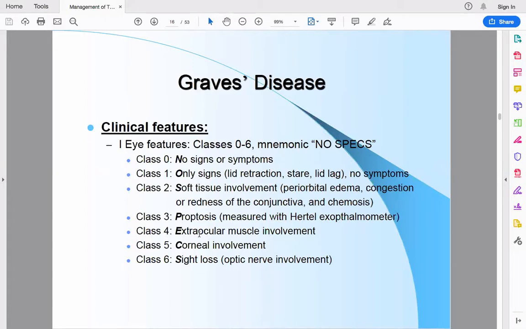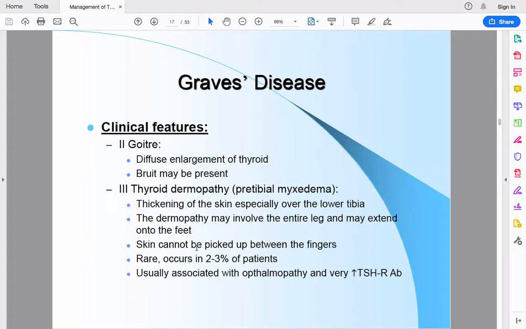They can have extraocular muscle involvement as well as corneal involvement, because the eye is bulging out of the head. Okay. Of course, goiter. Sometimes you'll notice some bruit. That means there is hypercirculation of blood in the thyroid gland.